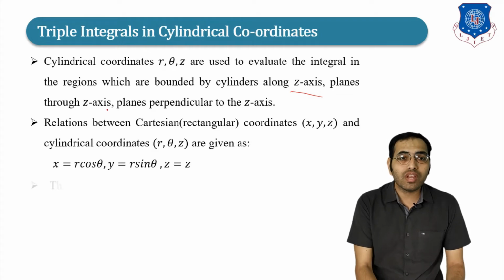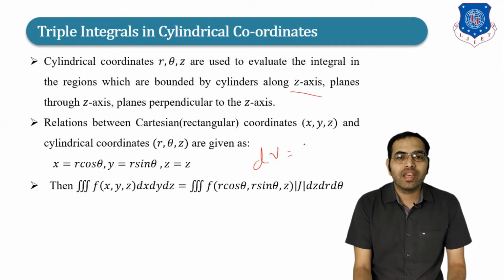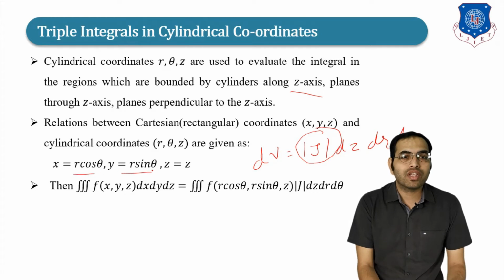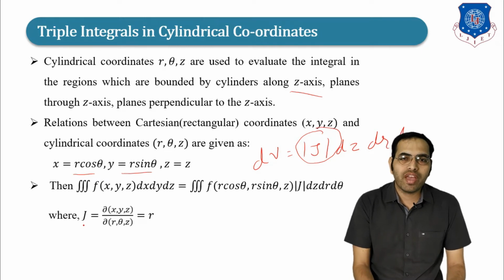Now here we have to find the volume element dV. Then dV equals mod J dz dr d theta. Firstly we have to find the value of mod J. According to these equations, x equals r cos theta, y equals r sin theta and z equals z, we have to find the value of J, the Jacobian, where the Jacobian equals del of x, y, z upon del of r, theta, z.